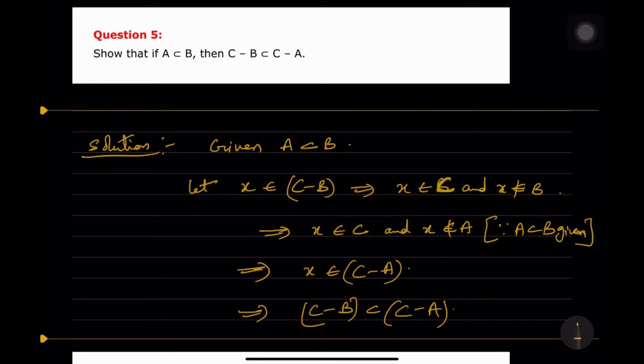So which implies that x belongs to C minus A also. So which implies that C minus B is the subset of C minus A. Because we have that A is the subset of B, that's why we can prove this.